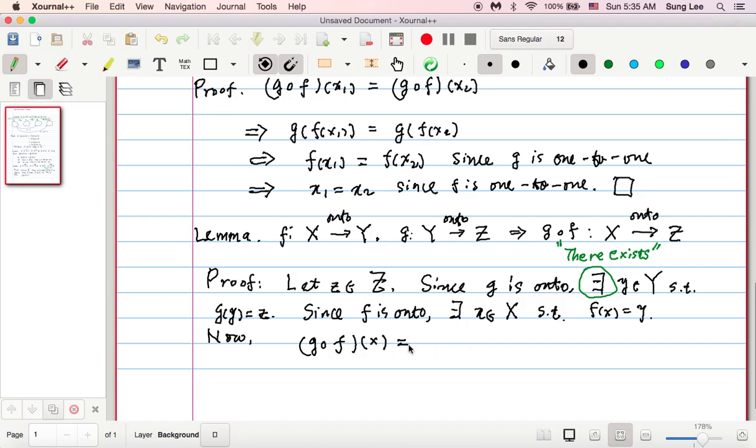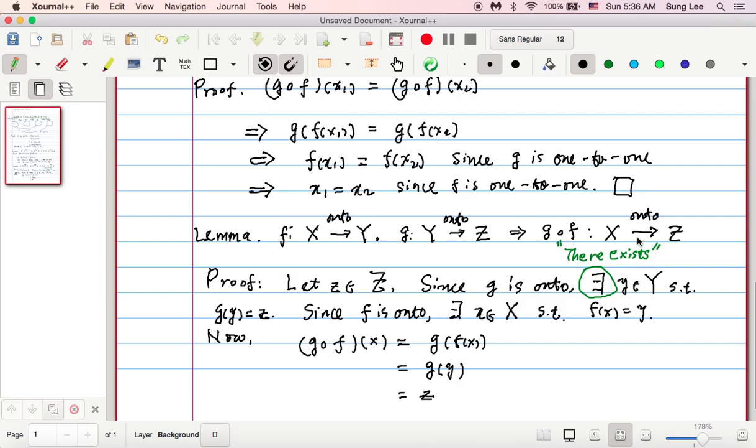So by definition, that's g of f of x, and that equals g of f of x equals y. So g of y, and that's z.